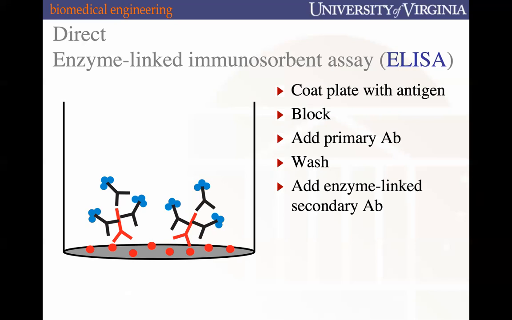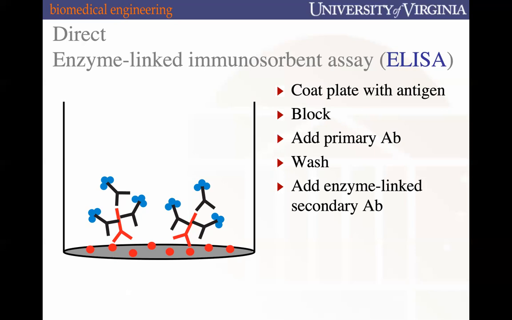And washing is oftentimes with something called PBS, at a pH of 7.4 to be physiologically relevant, but it also has detergents that can disrupt those hydrophobic interactions. So that wash with detergent will help get rid of anything that's not actually bound. Does that help? So we'll be doing this at each step.